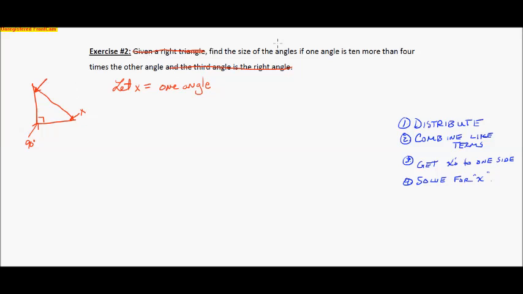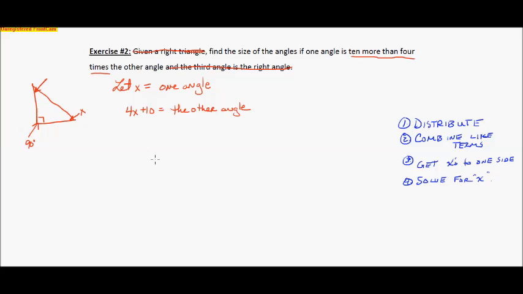This one up here is 10 more than 4 times the other angle. So how would I say 4 times the other angle? Well, 4x, and then 10 more than that, that would be adding 10. So that is the other angle. Okay, so there I've defined my variables.